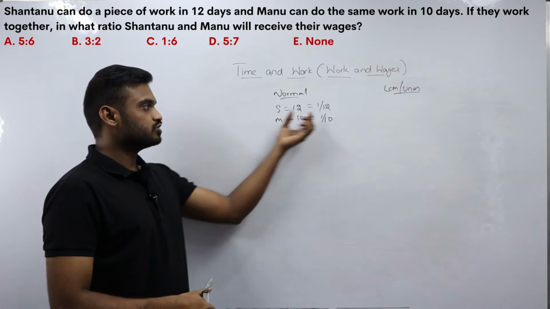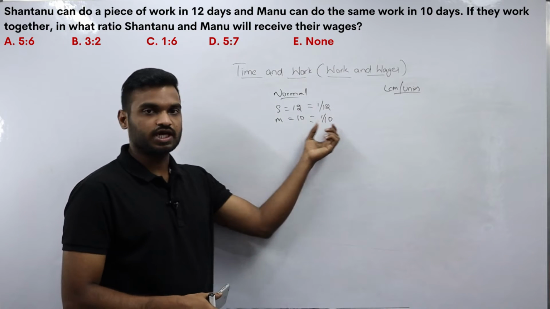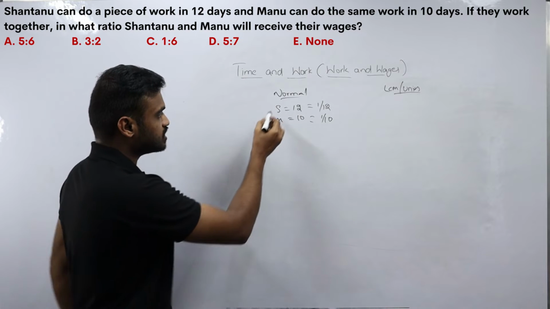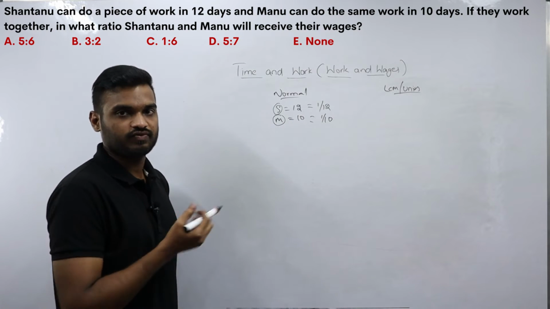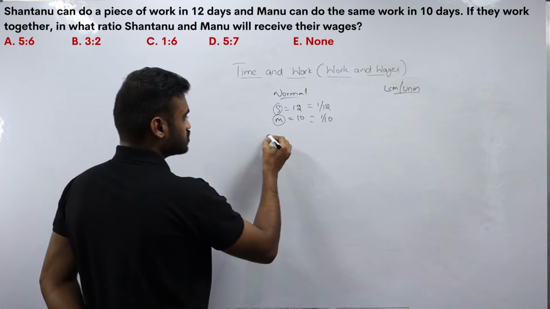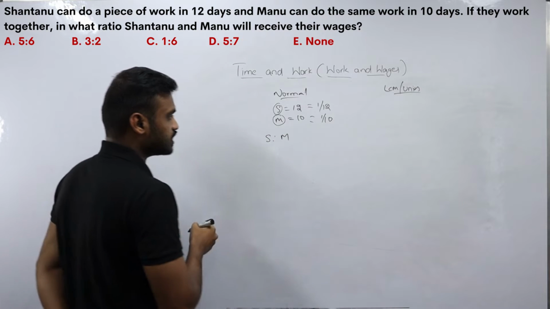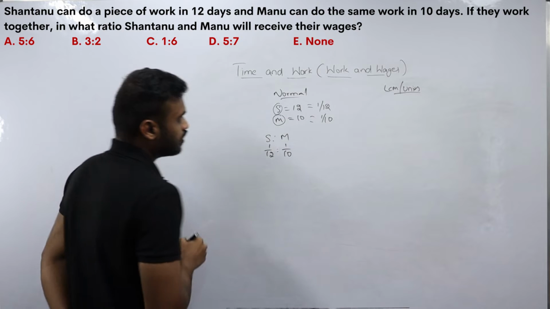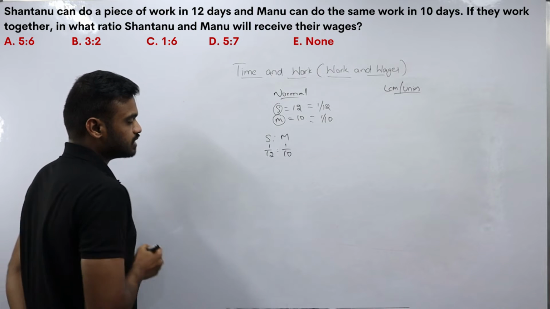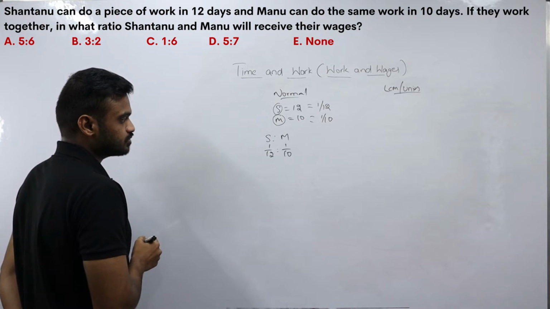Now we have Shantanu's efficiency or 1 day's work, and Manu's efficiency or 1 day's work. So if I know the ratio between their efficiencies, then I will know the ratio of their wages. Shantanu and Manu's efficiency ratio is 1 by 12 is to 1 by 10. Now the LCM of 12 and 10 is 60, since 12 times 5 is 60, and 60 is divisible by 10.